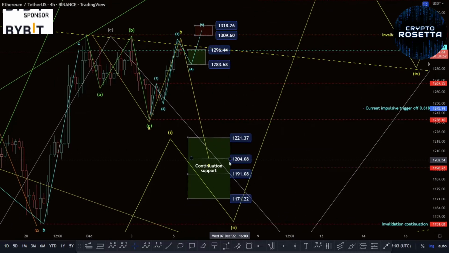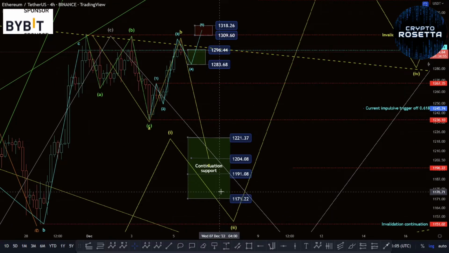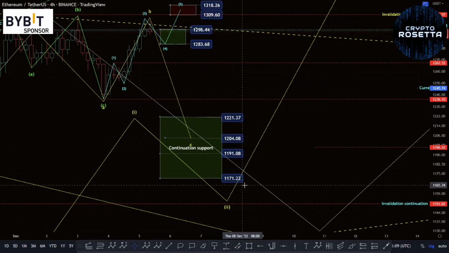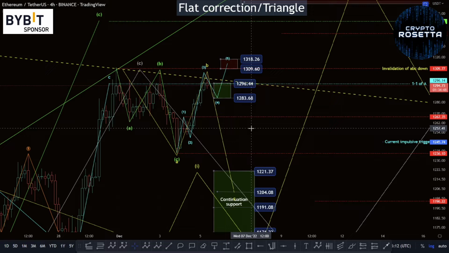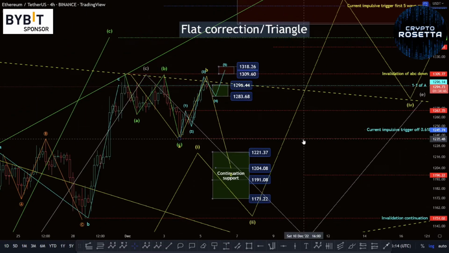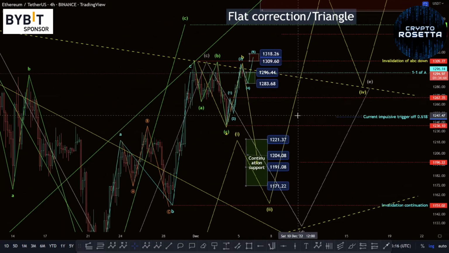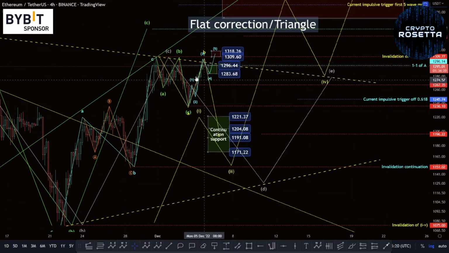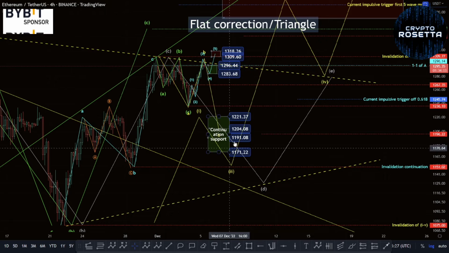And if that's the case, we'd be looking to target out somewhere in this green box area here, which is between 1221 and 1171. So we're still looking out for a few possibilities here, and that is that we could be developing a triangle within this, but with this current move here, it wouldn't have the right structure to be a zigzag.